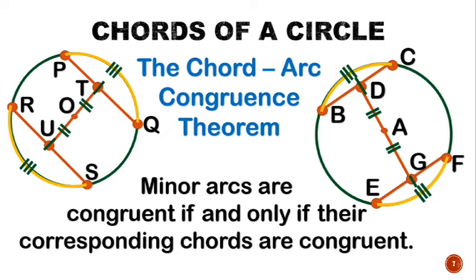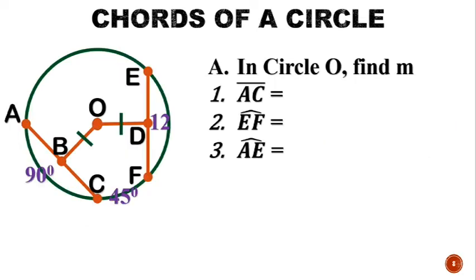Right, let's try applying the concept to examples. So in this figure, ano kaya pwede nating ma-interpret dito? So these lines represent na may parehas. Alin kaya yung parehas? Segment OB has the same measure or distance with segment OD. So parehas yung length nila.